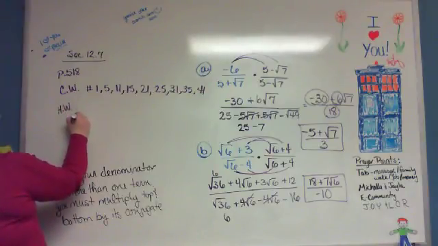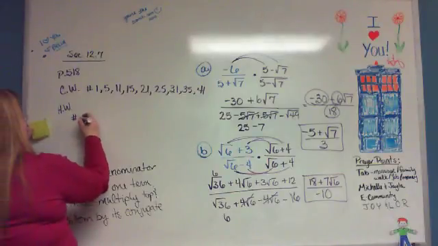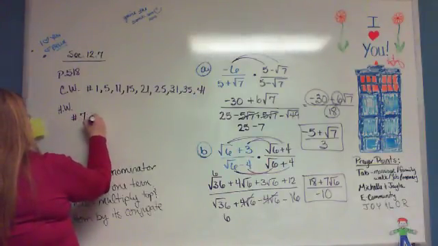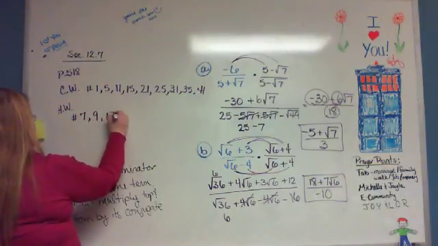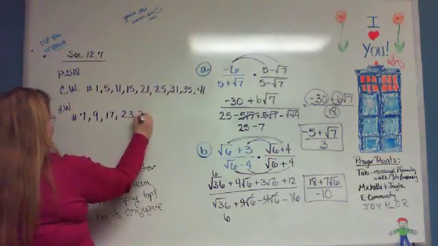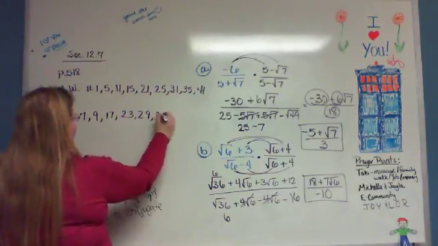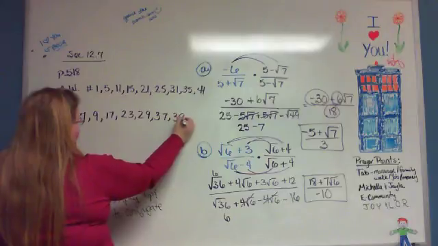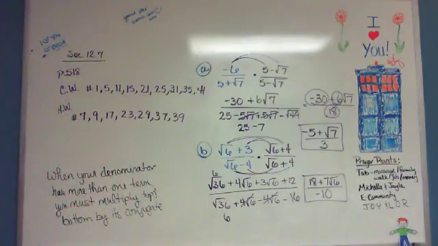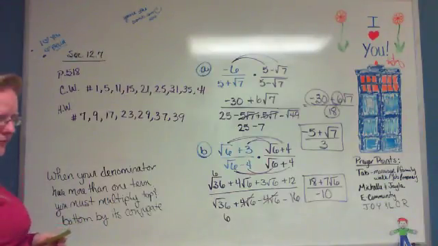Homework. Numbers 7, 9, 17, 23, 29, 37, and 39. Not 9 problems, just saying. But good ones. So I know you'll be ready.